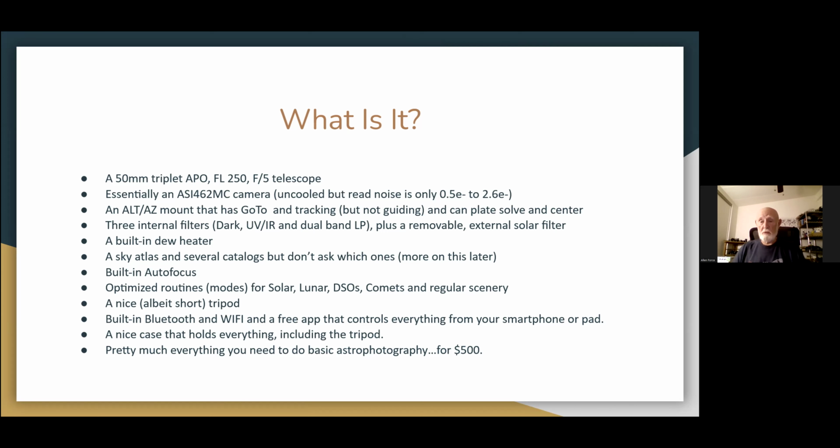Well, that was one of the reasons why I got the unit, was for the solar capacity it has. It has a built-in dew heater, which is not too much of a big deal for us here in Florida. I mean, here in Arizona. It's got a sky atlas with several catalogs. Don't ask me which ones.